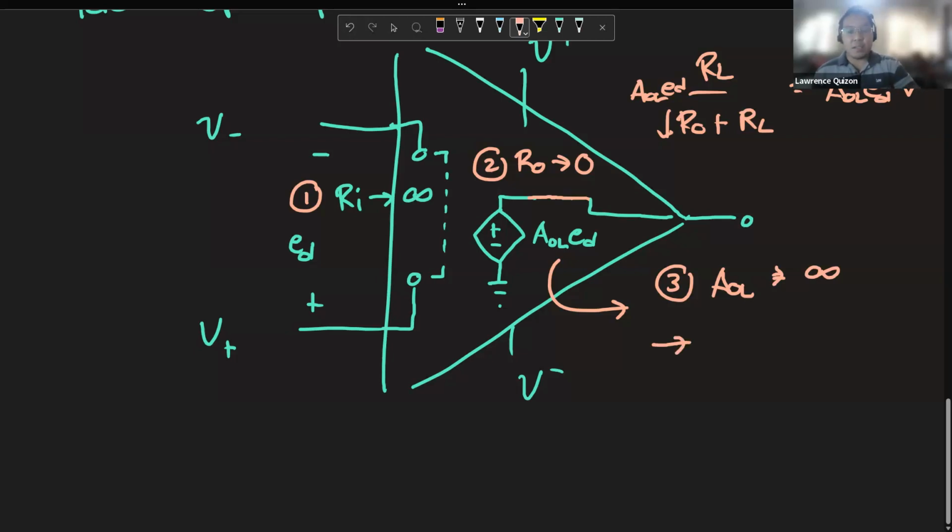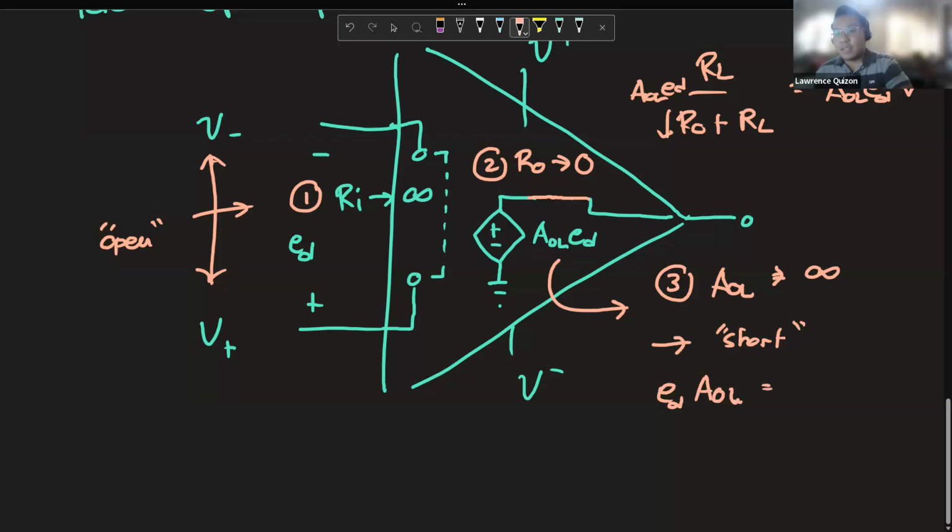This completes the first part of short na open, no? So, ito yung open part ng short na open between these two, right? And this is the short part of the short na open, right? Because if the open loop gain is infinite, then this is infinite, right?